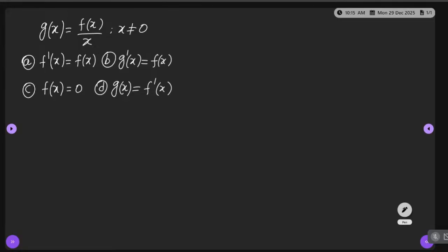Here, this will get either maxima or minima, that is extreme value. When g dash of x equals 0, write down: the given function has extreme value when g dash of x equals 0.